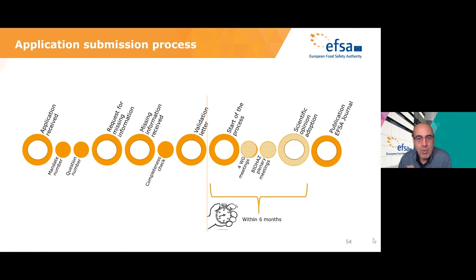And now we are at the point that EFSA has sent a letter to the applicant confirming that the completeness check has been successfully finished and that we consider the dossier complete initially and the assessment can start. So that is the point. I will explain the next step until the end point, which is the publication of the evaluation.